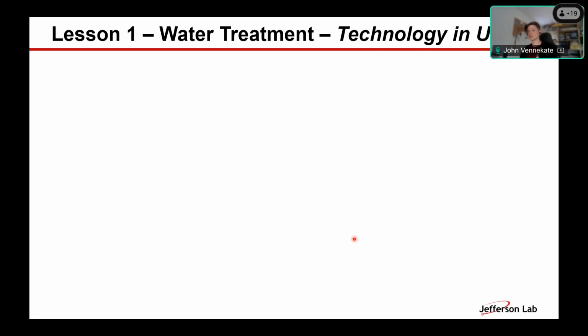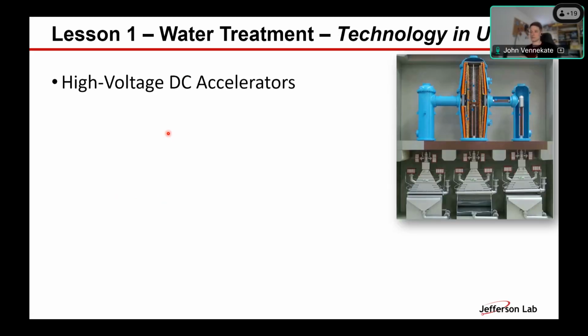When we look at the technology that is in use for these treatment facilities that are out there right now, like I said, they are based on conventional technology. So they're mostly high voltage DC accelerators. Over here, this is actually a cross section of a 3D model of what one of these irradiation units at the South Korean plant from 2006 looks like. So you generate a high energy electron beam up here, and then you split that into multiple beam lines.